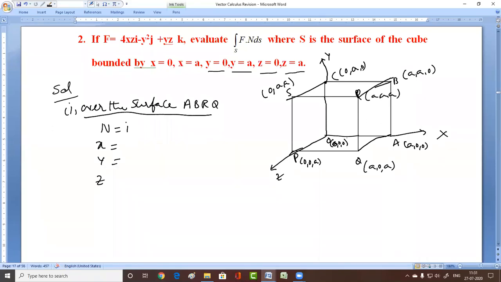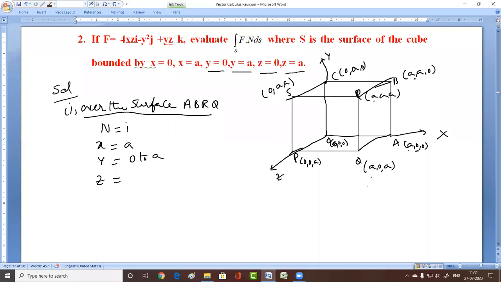In this plane, if we observe the x coordinate, here A, here A, here A, so totally x equals A. Y, observe along the y-axis. Here the y coordinate is 0 to A only. Y varies from 0 to A only.